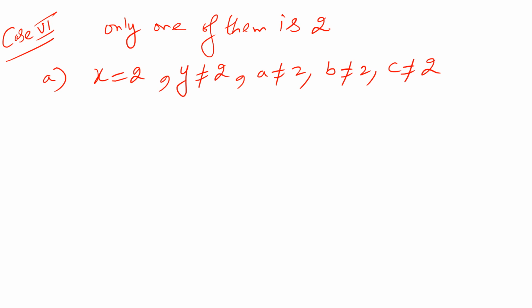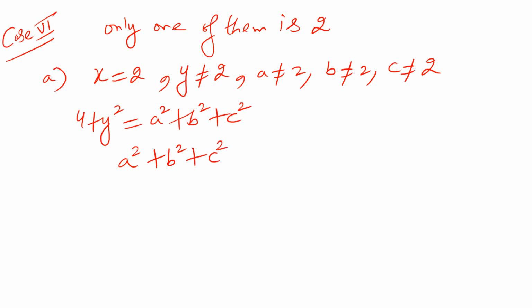Now the equation will become 4 plus y square equal to a square plus b square plus c square. Fine. Now just take y square onto the right hand side. You will be getting a square plus b square plus c square minus y square equal to 4.